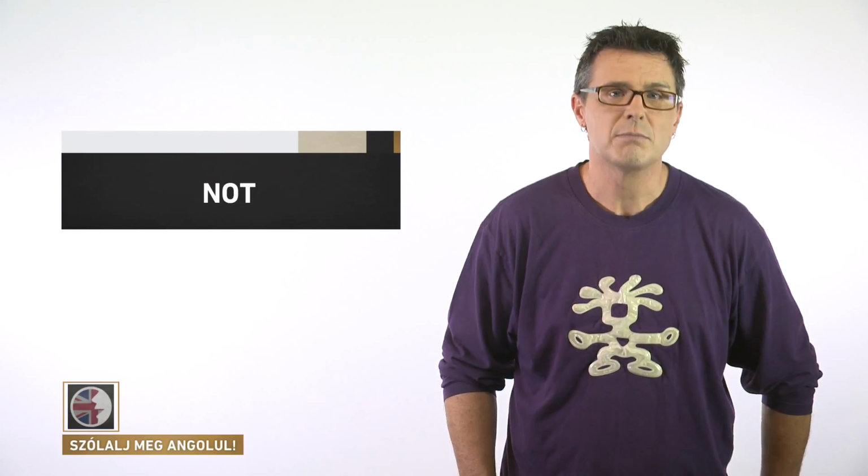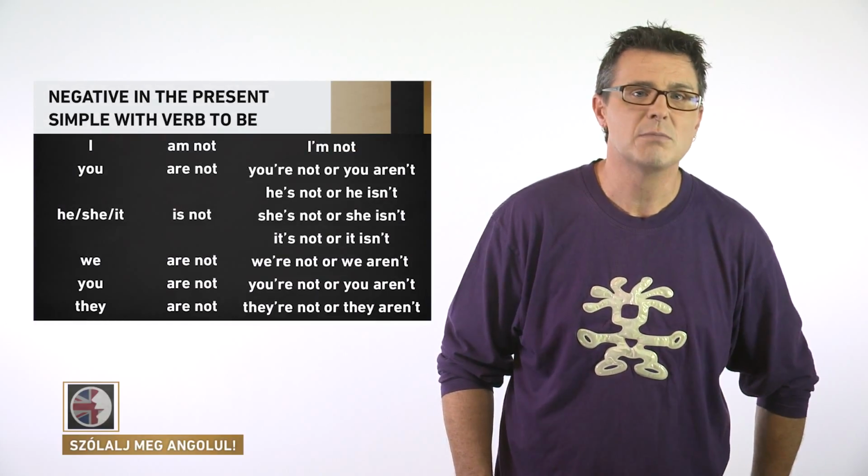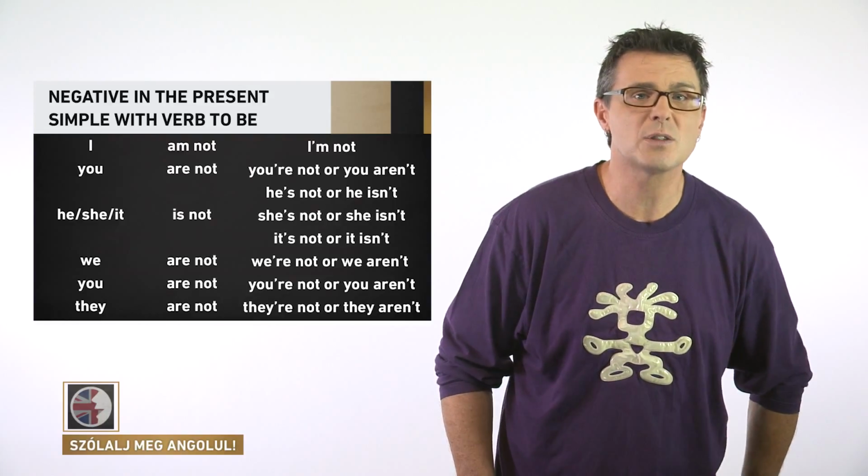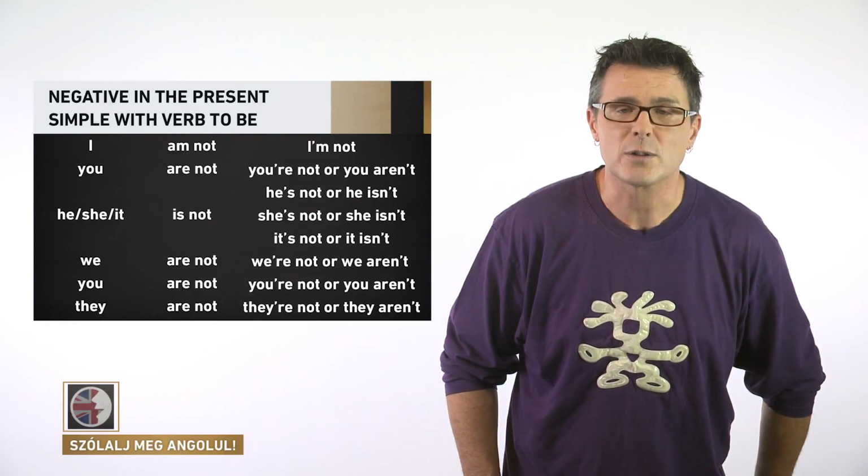Now, we also saw that when we make the negative with the present simple form of the verb to be, we use the word not. I'm not, you're not, he's not, she's not, it's not, we're not, you're not, they're not. When we make a negative sentence with other verbs in the present simple tense, we use the verb to be in the correct form combined with not and the infinitive.